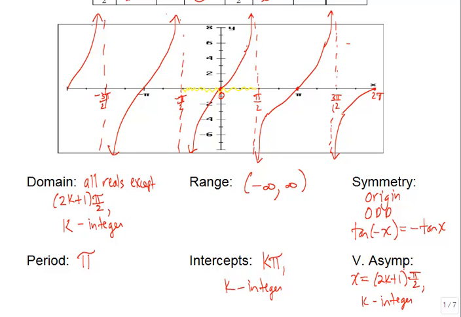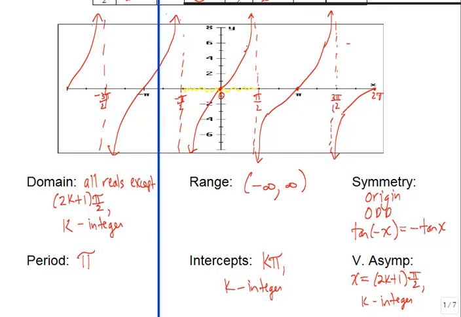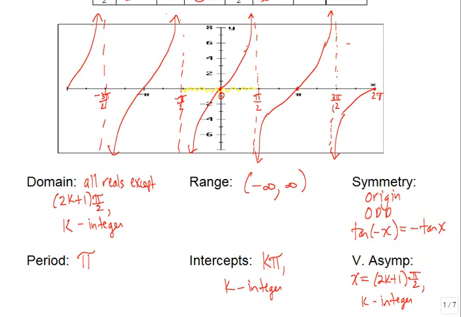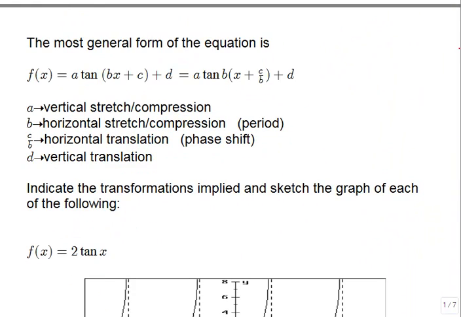Now what's going to happen when we start taking some transformations of these tangent functions? Just like we did for the sines and the cosines, you could see a very general form of the tangent curve. There could be an a out front, a b, a c, and a d. If you have this coefficient b, you want to make sure that you factor it out first.